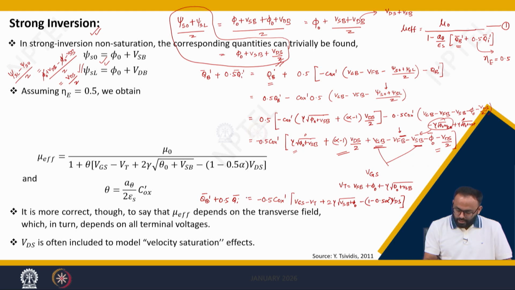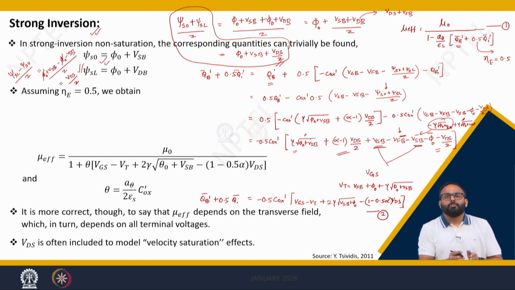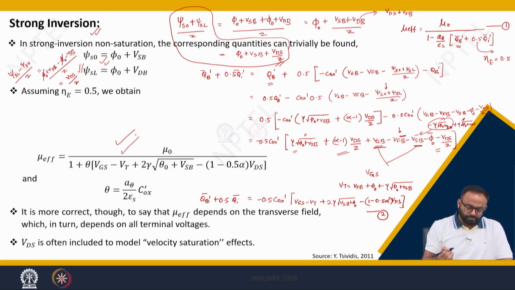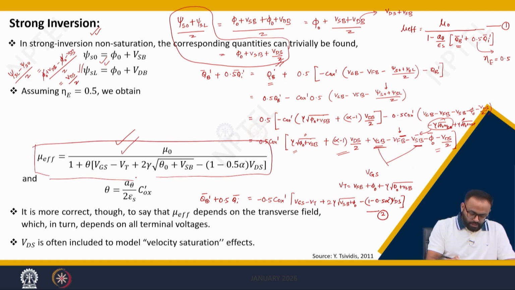I will put back this equation in equation number 1. So putting back the value of QB dash average plus 0.5 QI dash average in equation number 1 will give you this equation. That is the effective mobility equation, where we assumed that a parameter theta is nothing but A theta divided by 2 into epsilon into COX dash.